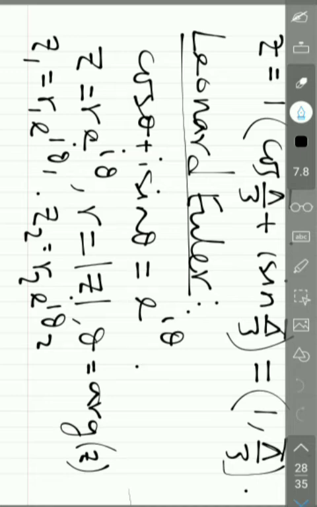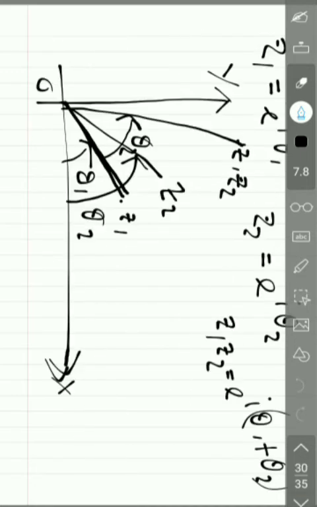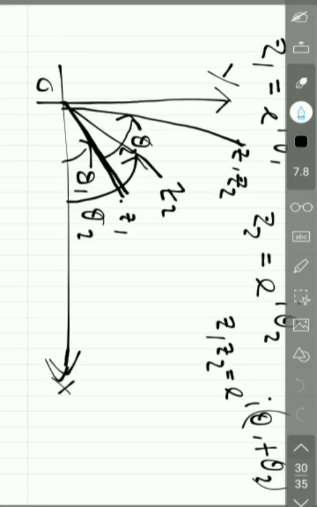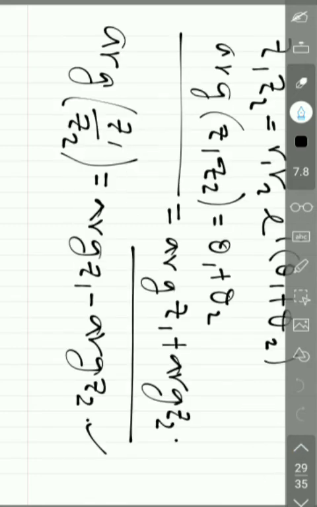Okay, so next let us consider one example that will show the equality of this argument z1 z2 equals argument z1 plus argument z2. So suppose we are considering these two complex numbers. The first one is z1 equals 1 plus i, and z2 is simply i.